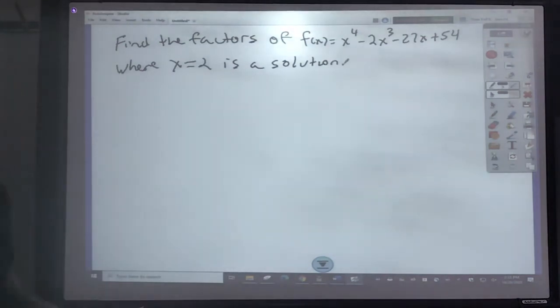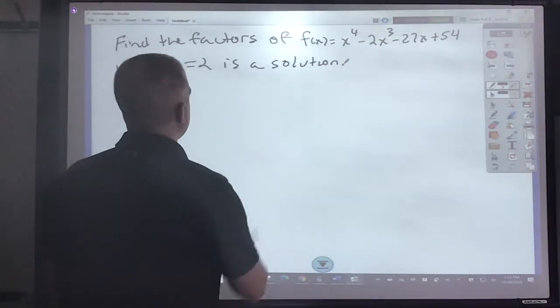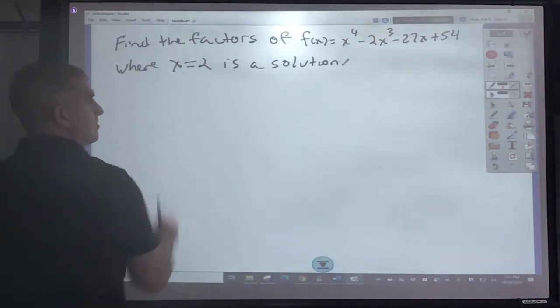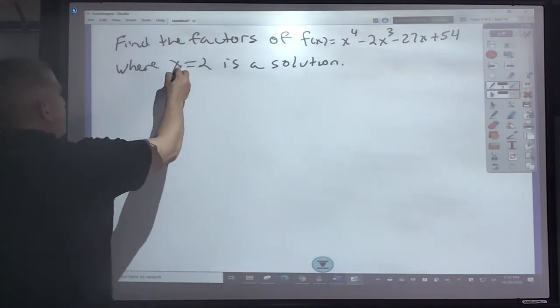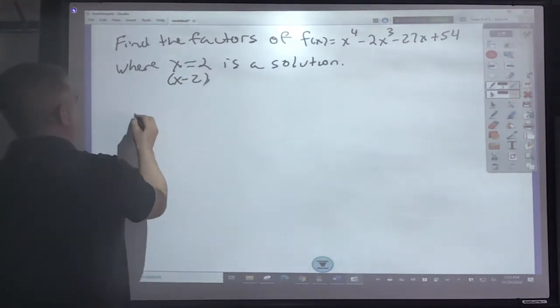Okay? So we've got to find the factors here. Now, what we know is, if that is a solution, then the factor for it would be x minus 2, so that helps me.